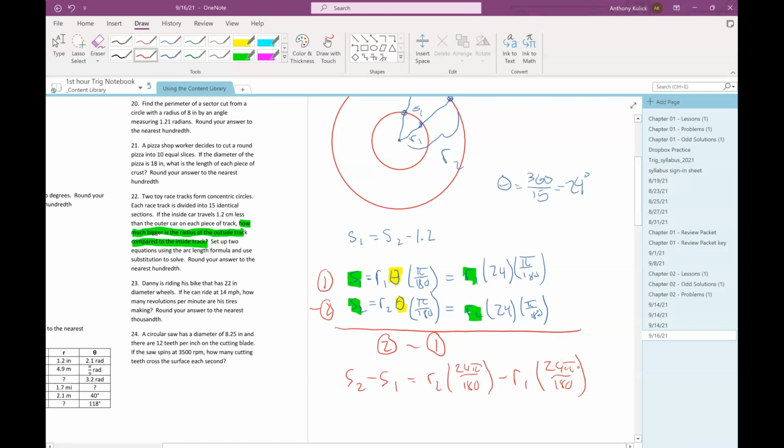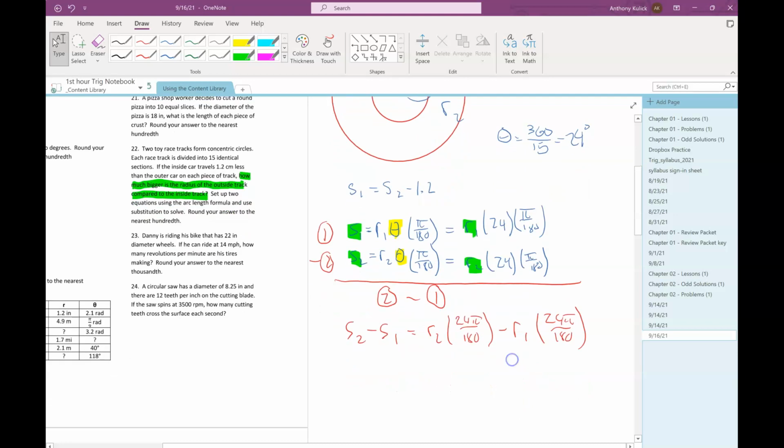Is that okay? I notice that both of those terms have a factor of 24 pi over 180, so I'll just factor that out. And that's going to get R2 minus R1 by itself.